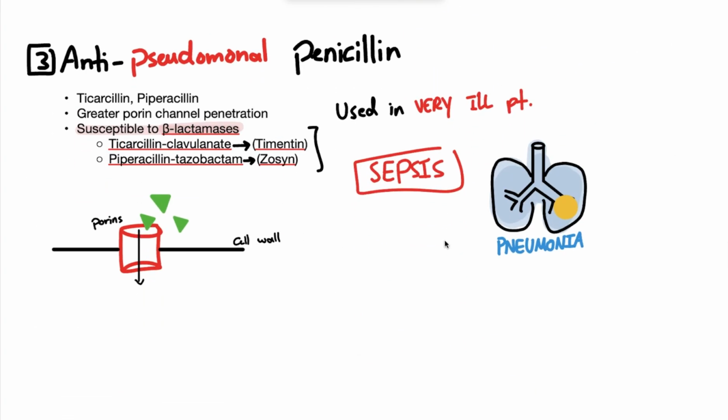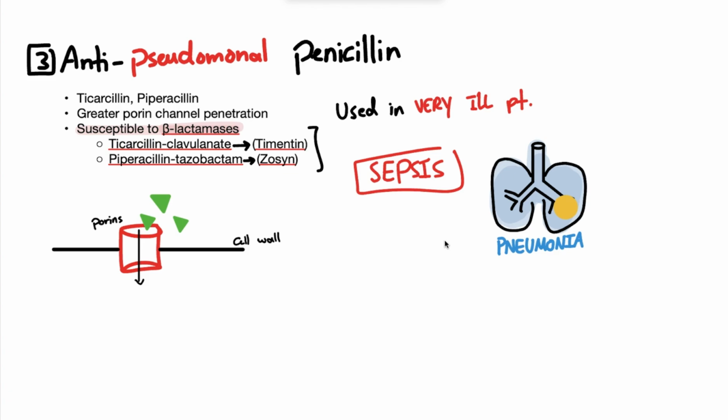Lastly, we're going to talk about anti-pseudomonal penicillins. These include Ticarcillin and Piperacillin, and they have greater porin channel penetration compared to aminopenicillins that we've discussed earlier. So what they do is that they again penetrate through the bacterial porins.